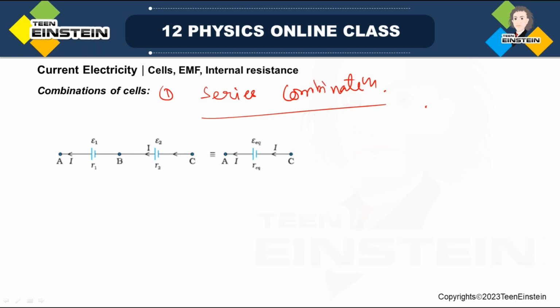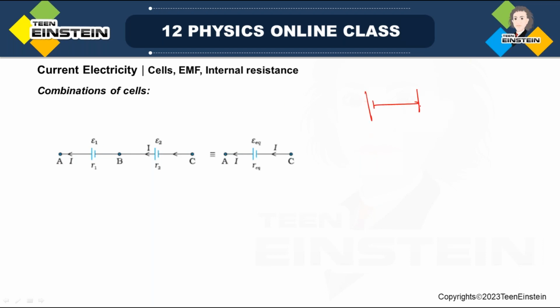In series combination, the negative terminal will always be connected to the positive terminal of the other cell. So the positive terminal of one battery will be connected to the negative terminal of the other battery.